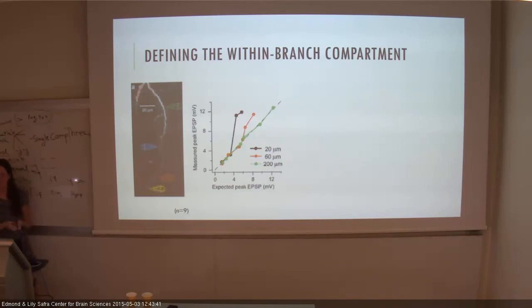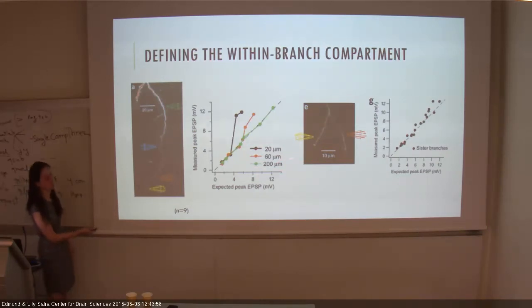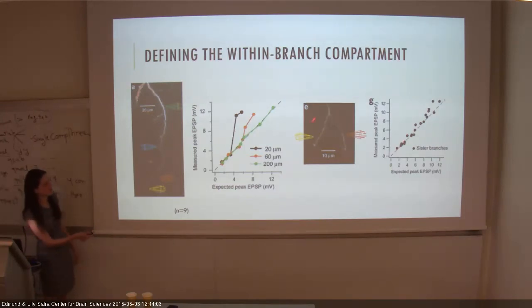Question? Yes? Did they mention anything about the branching pattern along this 200 microns? Because I would expect at 20 micrometers there won't be any branching in the middle. Amazing question. They showed us here that 20 microns is a really good length, and now they do a really systematic verification of what happens if I take these branches, where there's this branching point over here, about 20 microns apart, I think, maybe a little more, I don't remember the exact number.